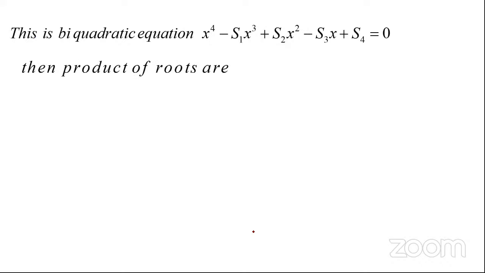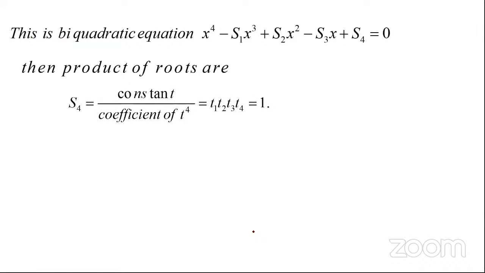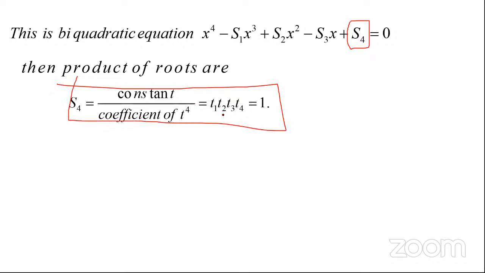Then the product of the roots is nothing but s4. The product of the roots, which is asked in the question, is nothing but x1 x2 x3 x4. So I'm taking S4 equal to constant by coefficient of t power 4. This is a rule. So here t1 t2 t3 t4 equal to the constant term.